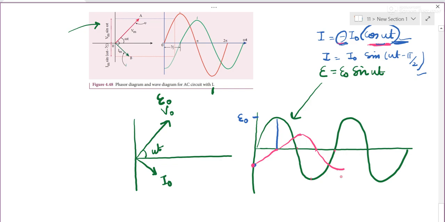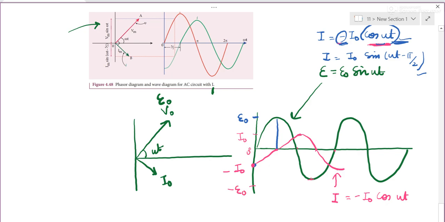So this is current. I can write the current's equation as I is equal to minus I naught cos omega t. So this is your minus I naught, this is your positive I naught, and this is your negative E naught. You have to label it.